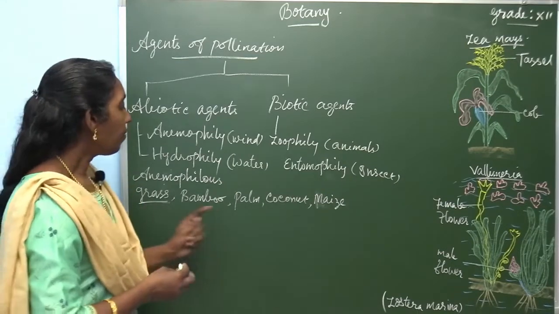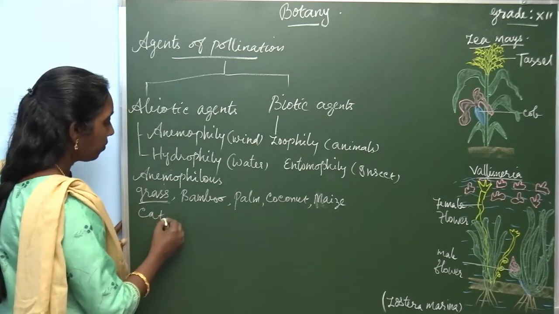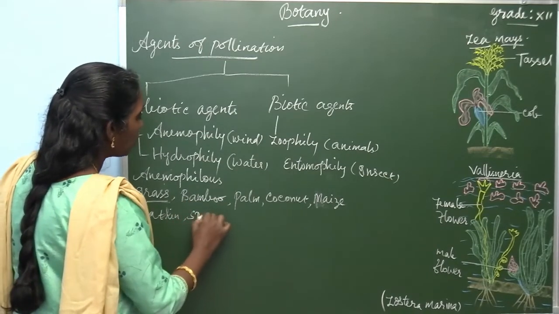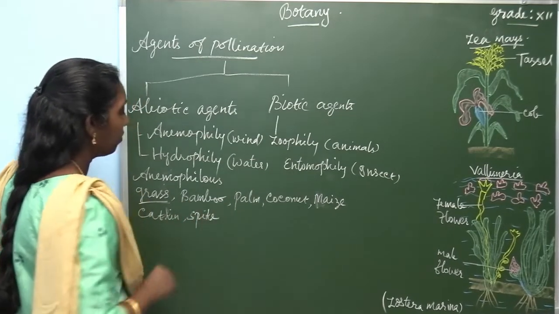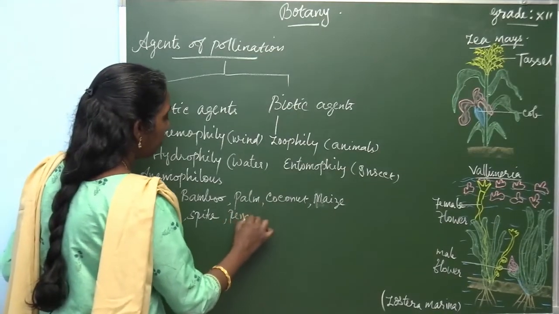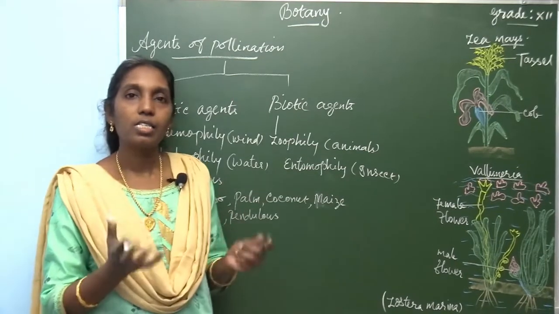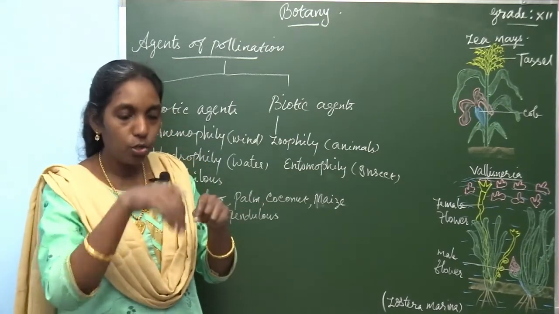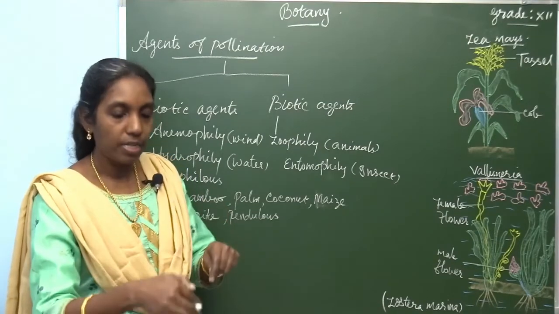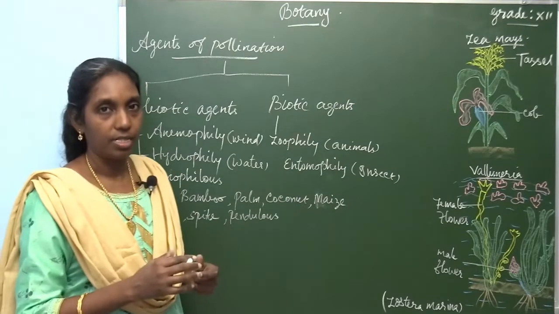This type of inflorescence is catkin inflorescence or spike inflorescence, and the flowers are pendulous. The grass flowers are pendulous. They droop or bend downward, and they possess catkin inflorescence.